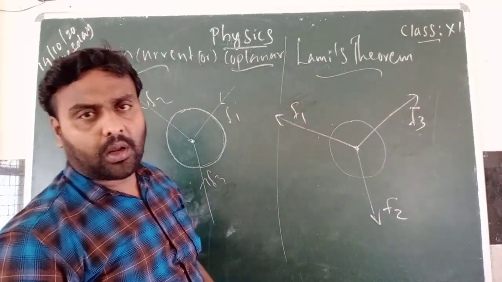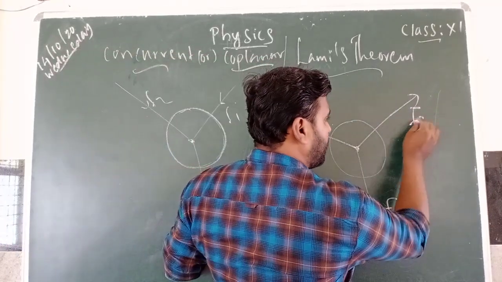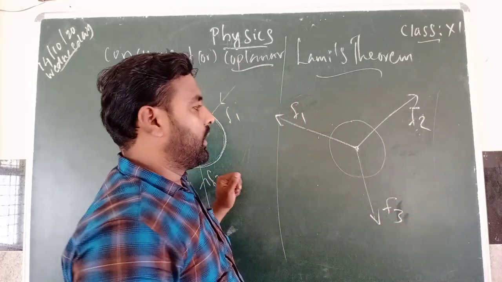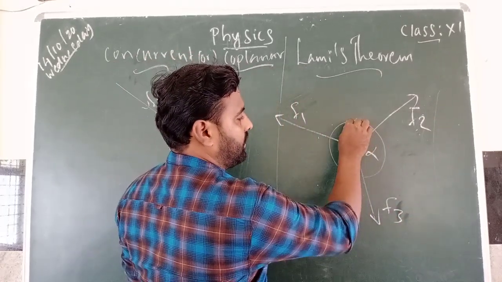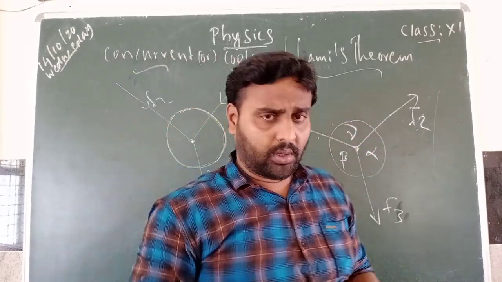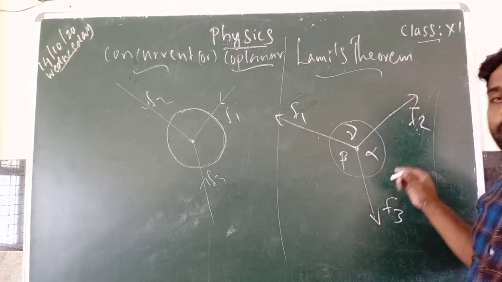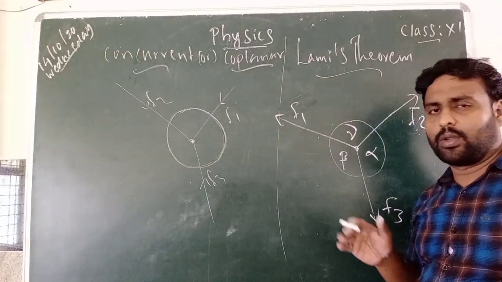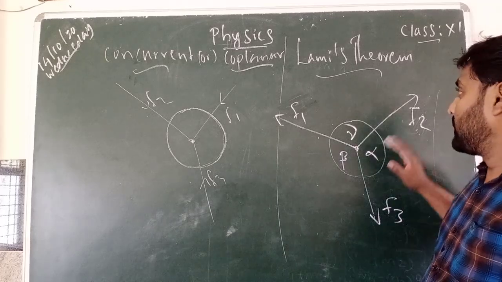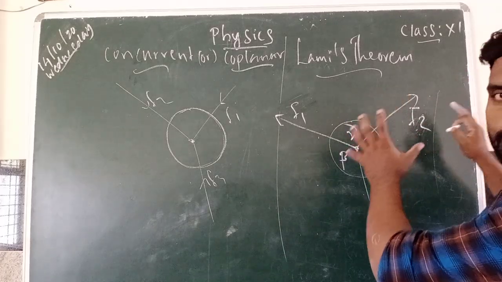Follow the textbook. Now here alpha, beta, gamma. This is the diagram given in your textbook. You can follow the same, then you will not get confused. So you see, this is a system.